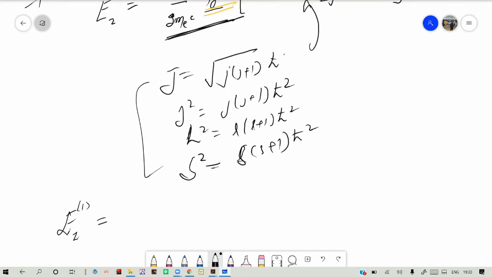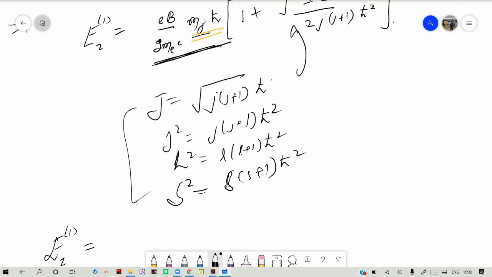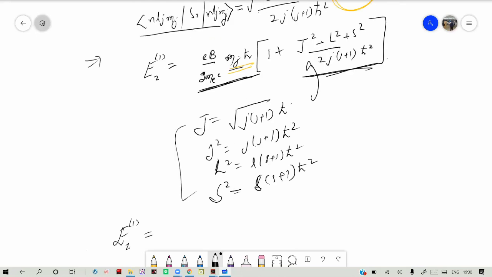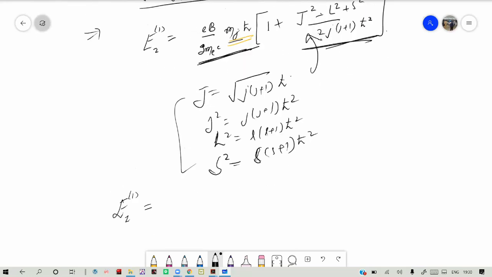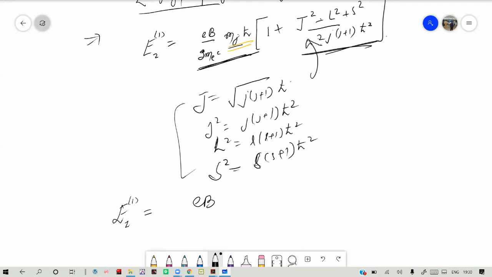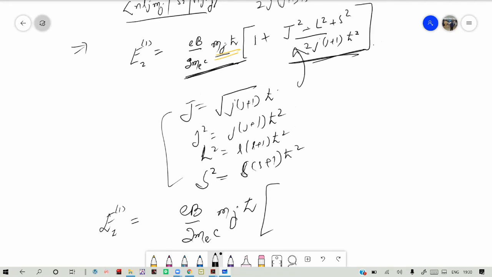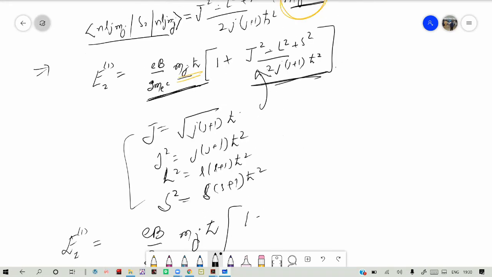Okay, so use these values here. We will find that we will get eB divided by 2 m_e c, m_j h cut, is equal to 1 plus (J into (J plus 1) minus L into (L plus 1) plus S into (S plus 1)).